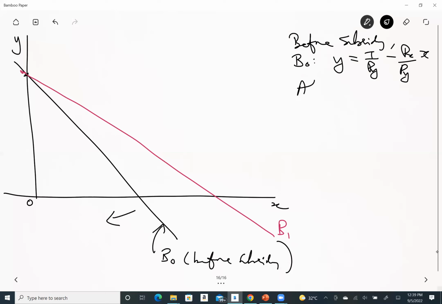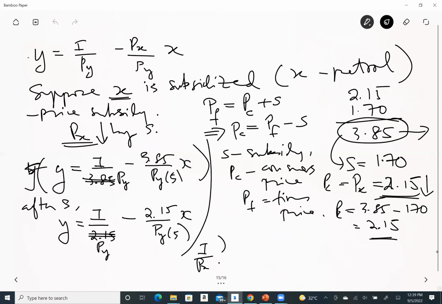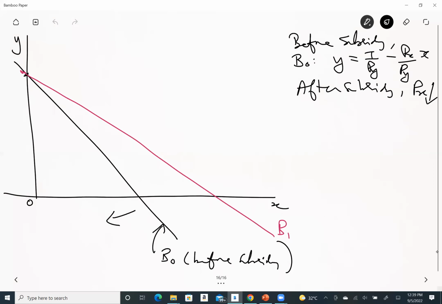Now, after the subsidy, PX will go down, because the effect is here, PC. PX will go down by the amount of the subsidy. Now, when your PX goes down, I have a new budget line, B1: Y equals I over PY minus, now I call it PX1 over PY X.